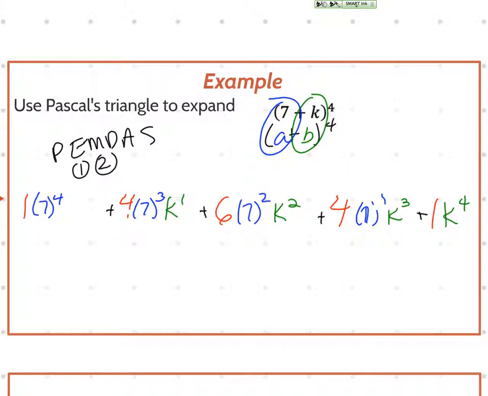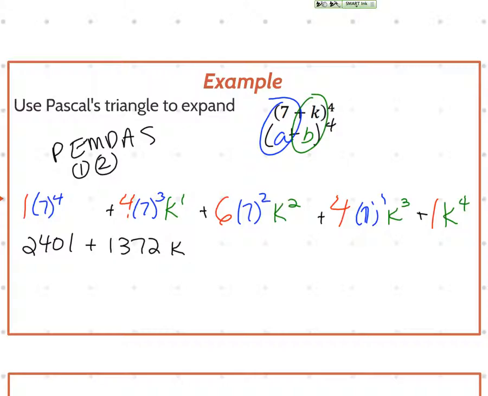You can use your calculator to calculate it. I've got 2,401. And then here, make sure we do our exponents first. So 7 cubed, and then take 7 cubed and times it by 4 to get 1,372. Don't forget the k.